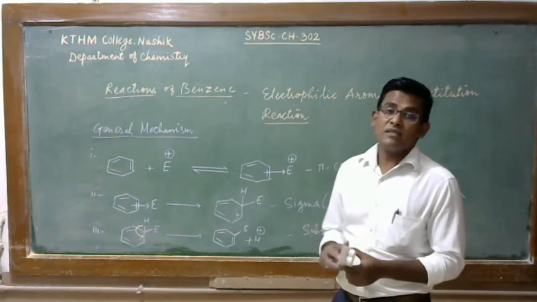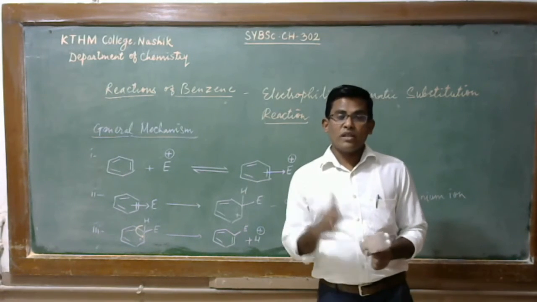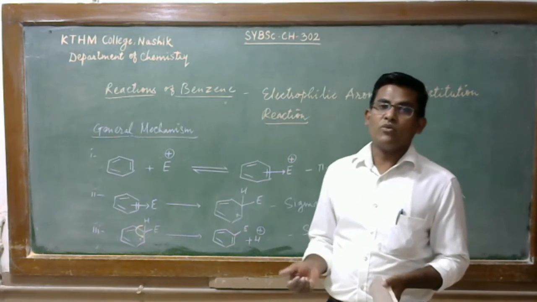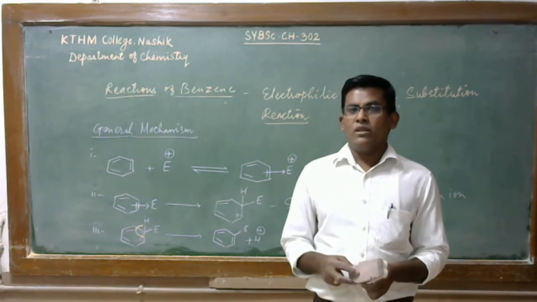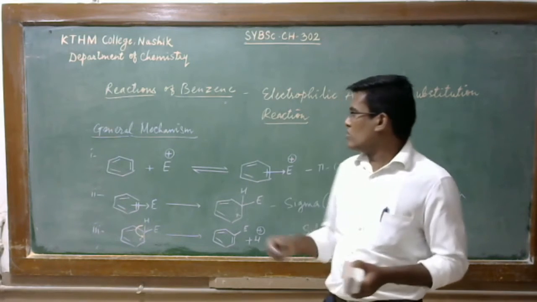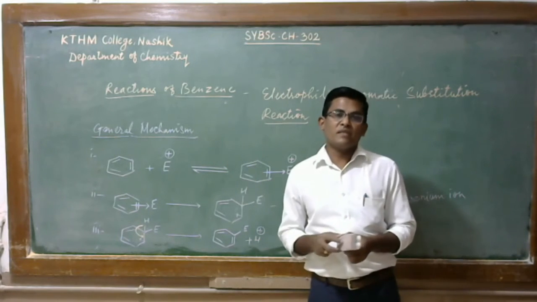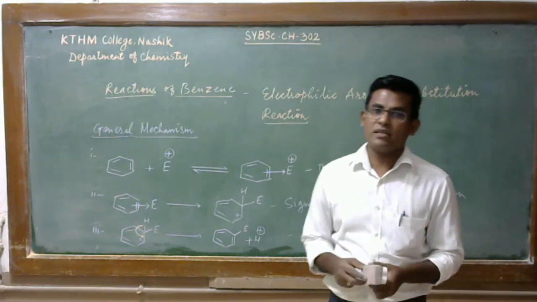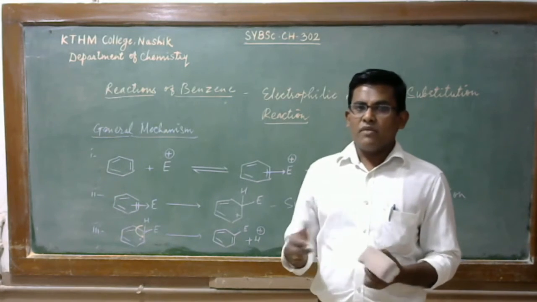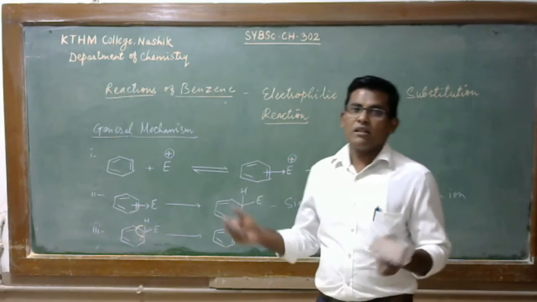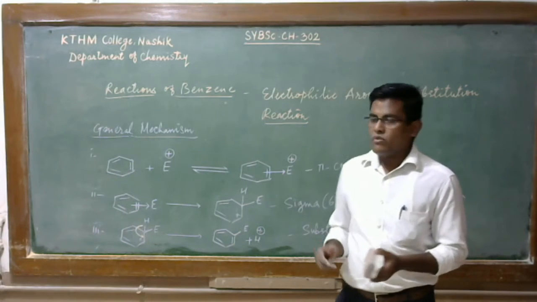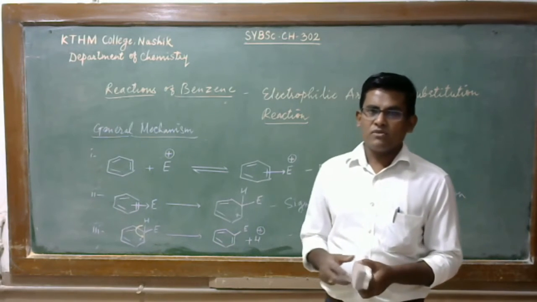So we can generate nitrobenzene. In chlorination, we can use chlorine to introduce chlorine into the benzene ring in the presence of Lewis acid. Without Lewis acid, this reaction will not undergo. So we will see these reactions one by one.